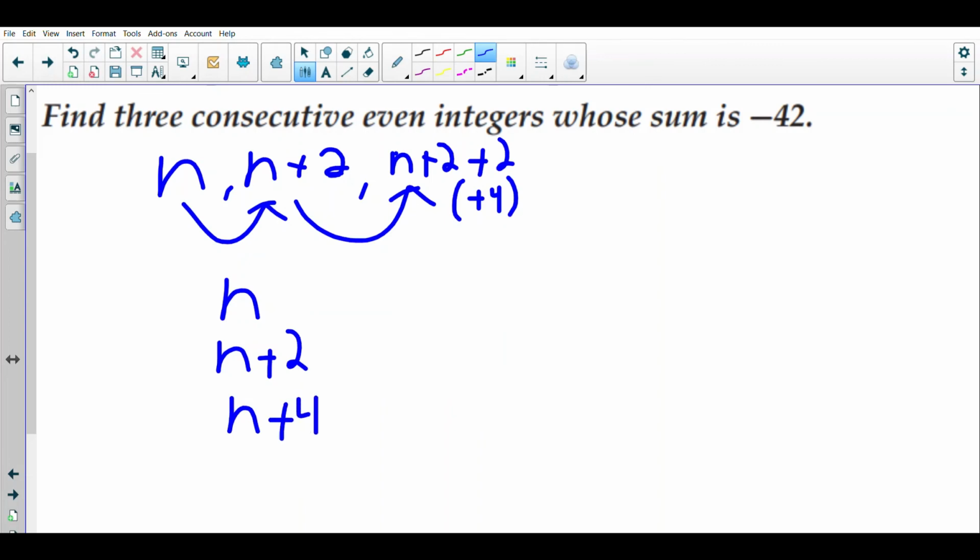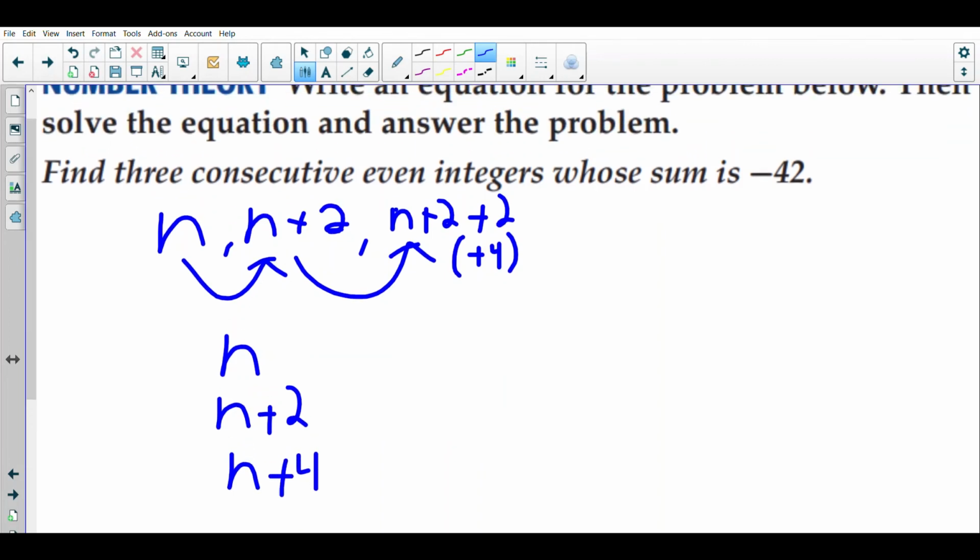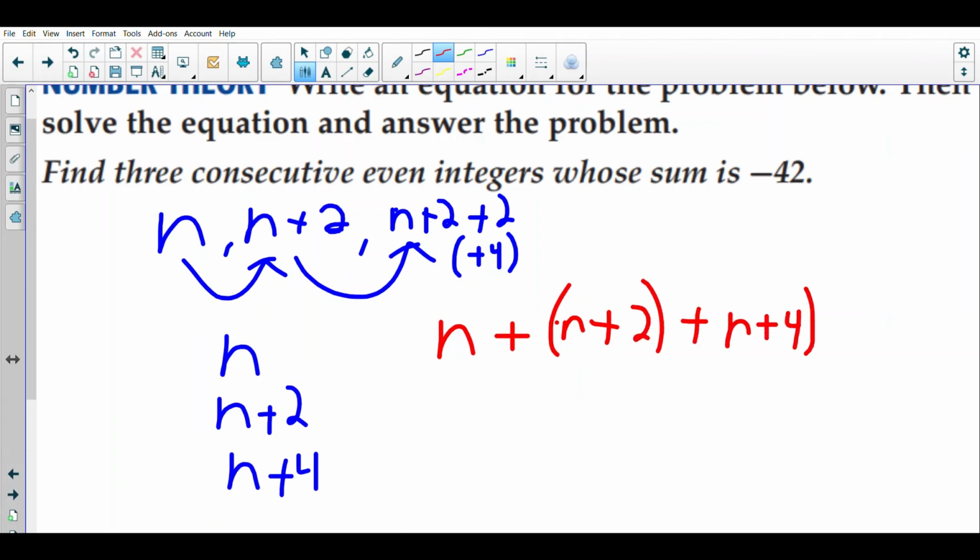So now, I want to know what those integers are, but I know some more information. The sum of those 3 is equal to -42. So I have n plus n plus 2 plus n plus 4. Those are the 3 integers, so that's where they came from.